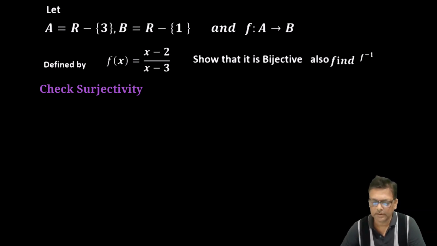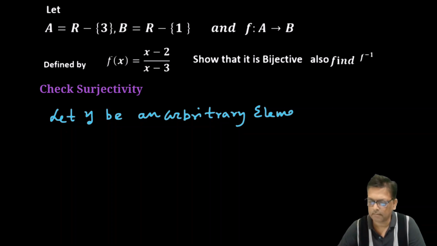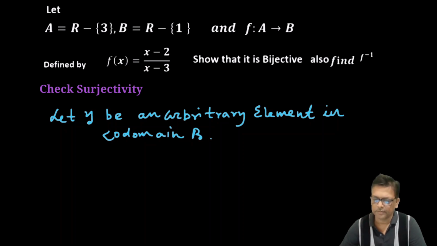Now let us check the surjectivity of this function. For this, let y be an arbitrary element in codomain B. So we have f(x) is equal to y.